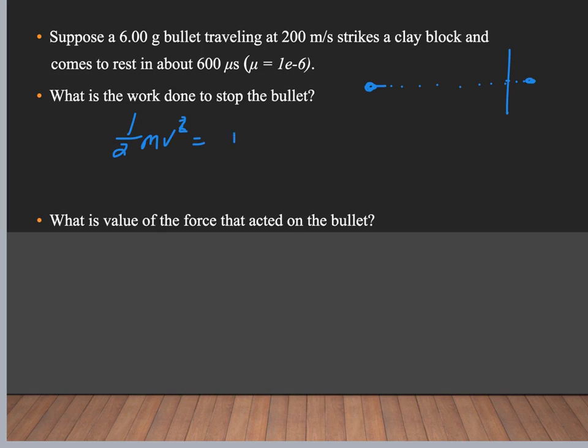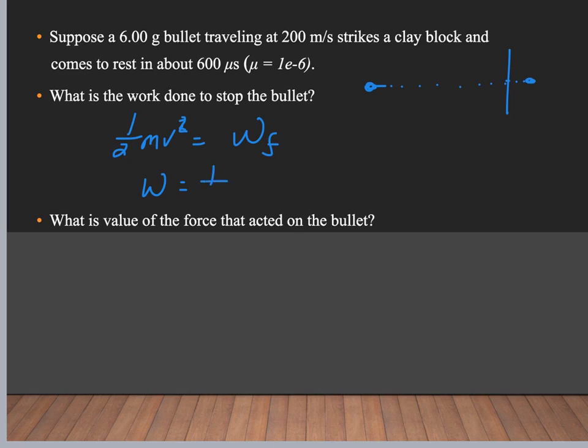So all of the energy must have been removed by the force, and we'll just say it's a resistance force, the frictional force. So the work done would simply be equal to the change in kinetic energy, all right?